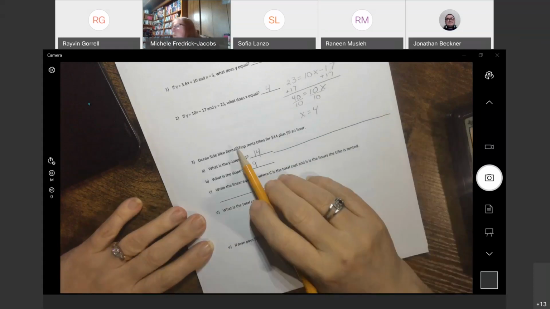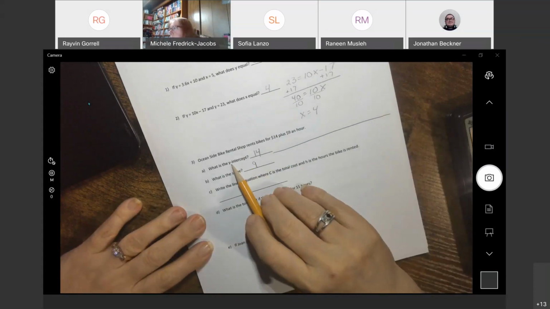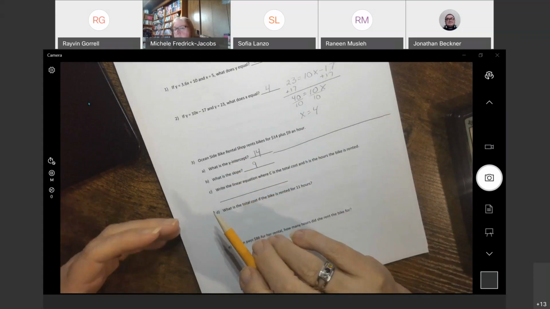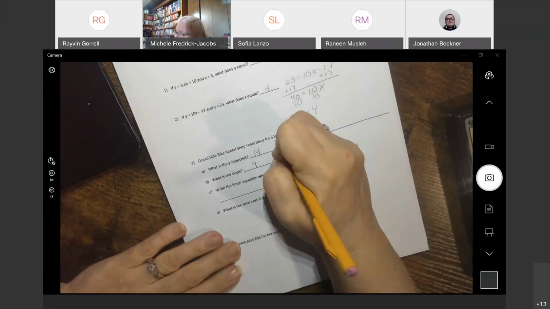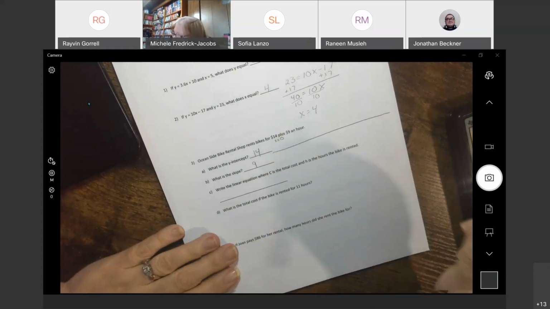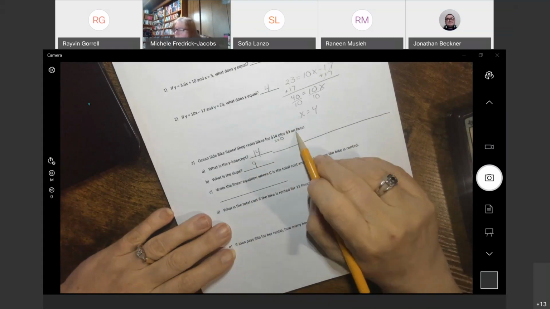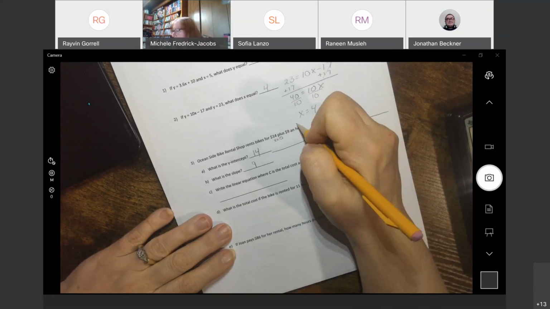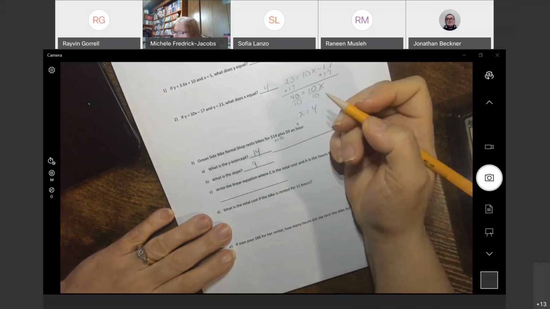When you're explaining the y-intercept, that's when x is 0. And x would be hours because it's per hour. This is our x, and cost would be y.